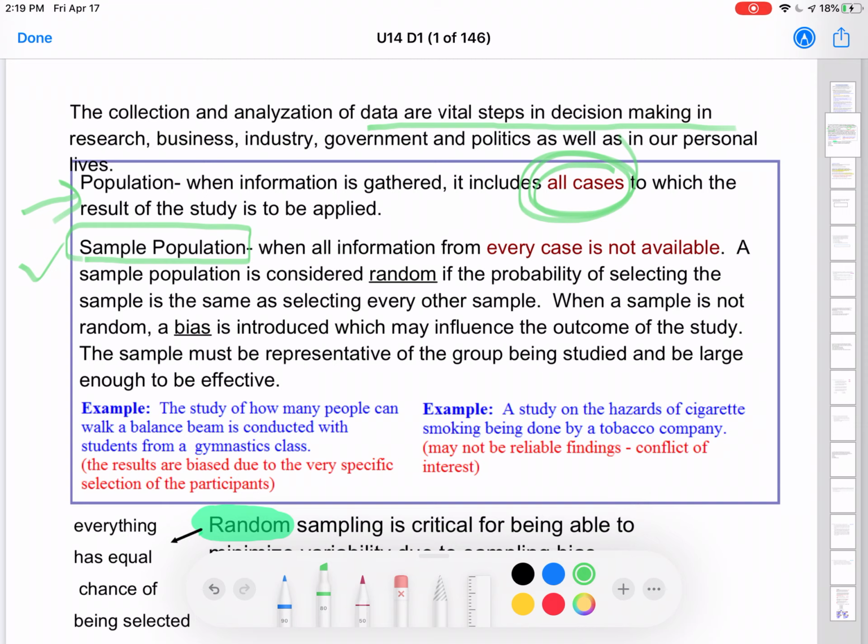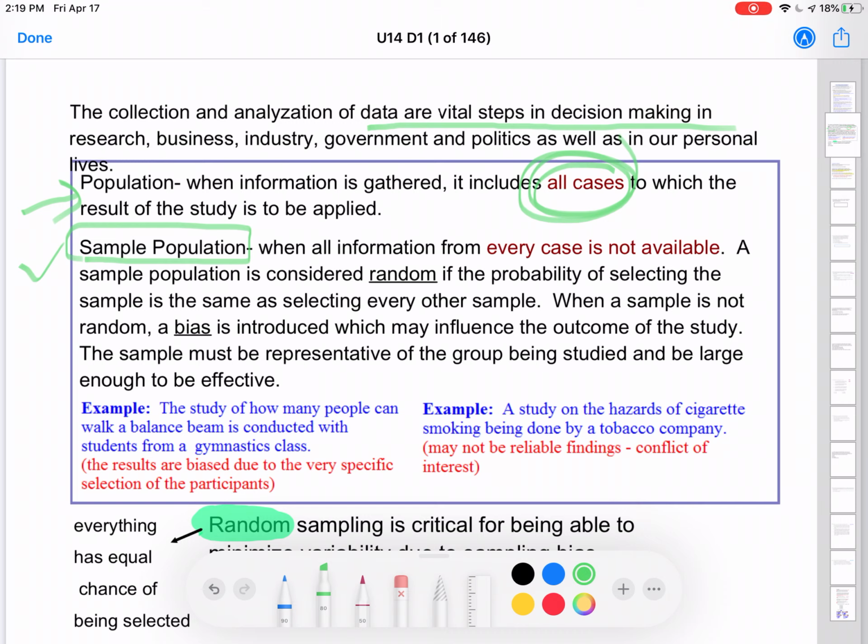So, the sample must be representative of a group being studied and be large enough to be effective. So, like, one of the things that bothered me in the beginning was when they were doing, New York was getting so many tests done, so obviously we were going to have a huge rate, and other states weren't getting as many. But anyway, now we know we still have more than everybody anyway.